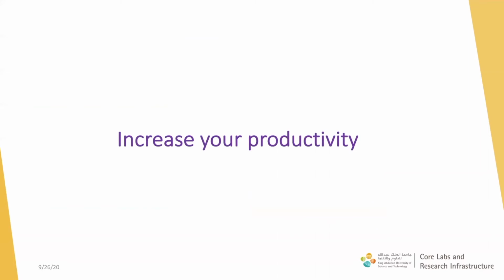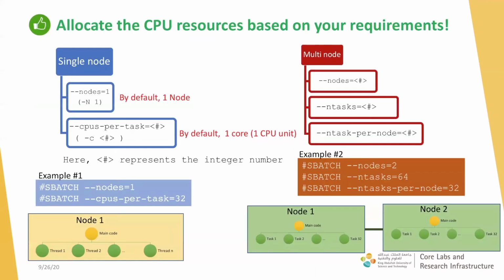Then let's discuss how to increase your job productivity. As we know, in IBEX there are two different types of jobs always running: multi-threaded jobs and distributed jobs. The left-hand side is always suitable for single-node, multi-threaded jobs.